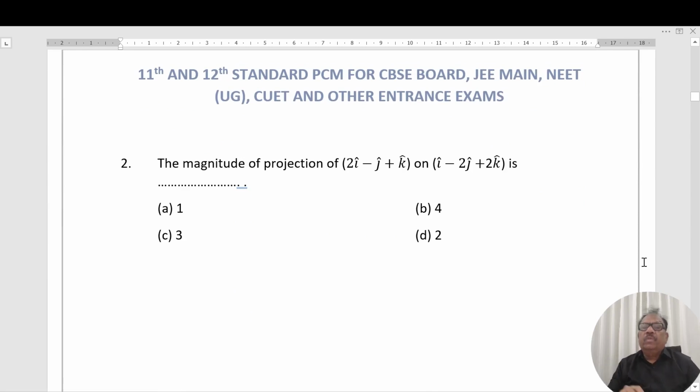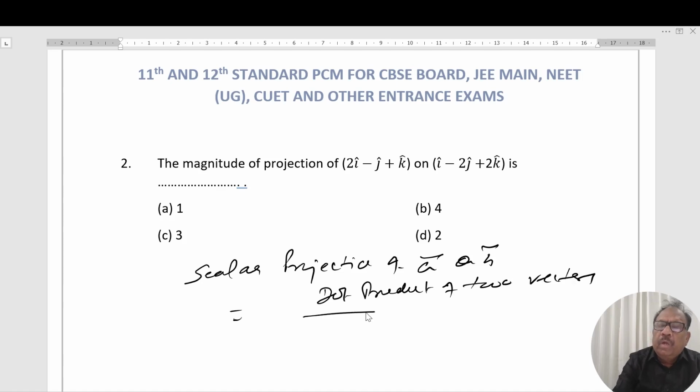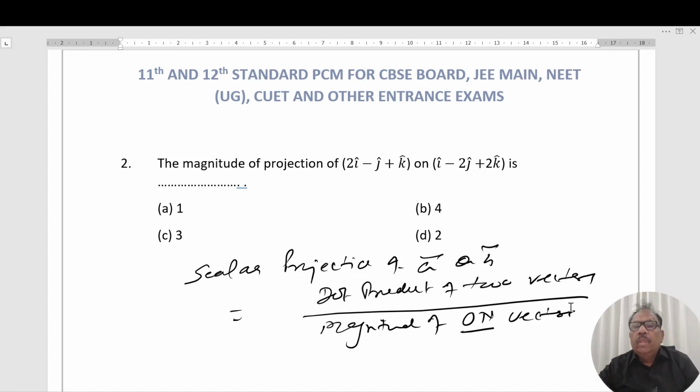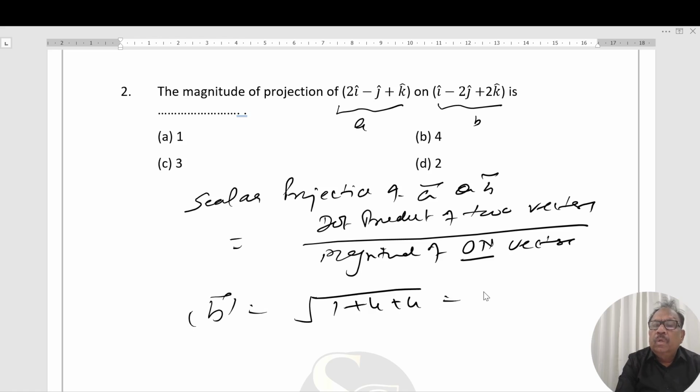Find the magnitude of the projection of this on this. We know the scalar projection of A on B is the dot product of the two vectors divided by the magnitude of vector B. In this case, magnitude of B will be equal to under root 1 plus 4 plus 4, that is 3.